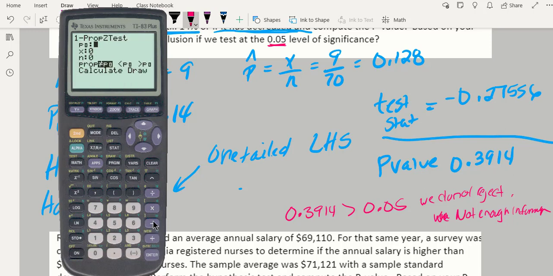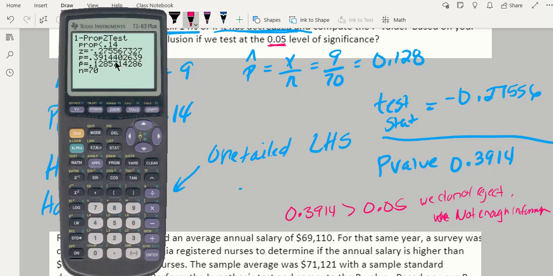You click enter. Now you put in your p naught value, which is our population proportion, 0.14. Then your X value, which in this case is 9, and your N value, which is 70. Then you need to click over and decide which one was your alternate hypothesis. In this case, it would be less than, and then we want to calculate.